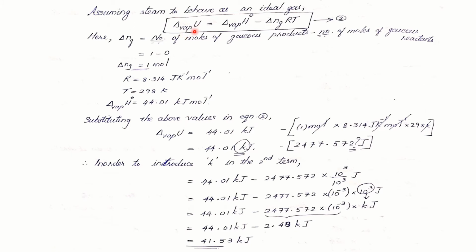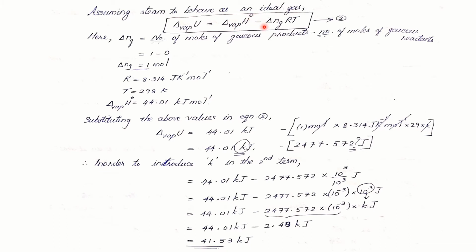So internal energy of vaporization equals standard enthalpy of vaporization minus delta n g RT. We are writing this term as a standard enthalpy of vaporization because this is the data which is provided to us in the question. Otherwise, we will simply write delta H of vaporization. We will not write the superscript otherwise.